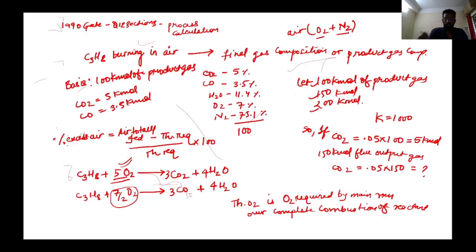The very common mistake which students make is that they calculate the overall O2 required from the reactions, and they name that the theoretical O2. Most students generally make this common mistake.